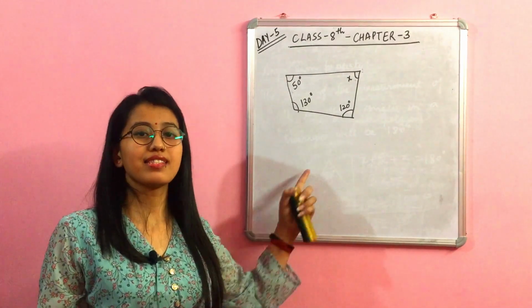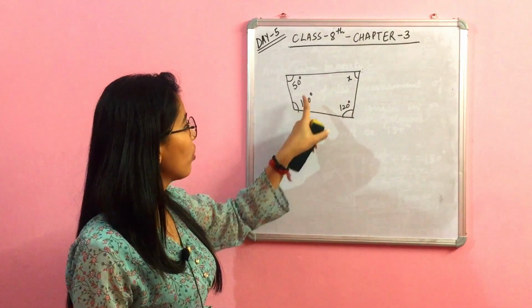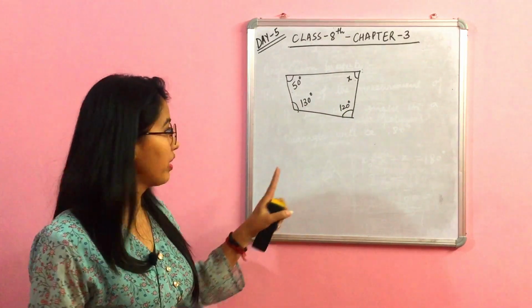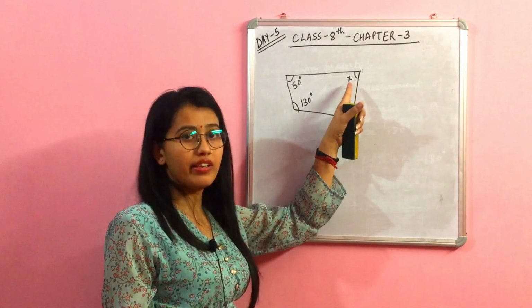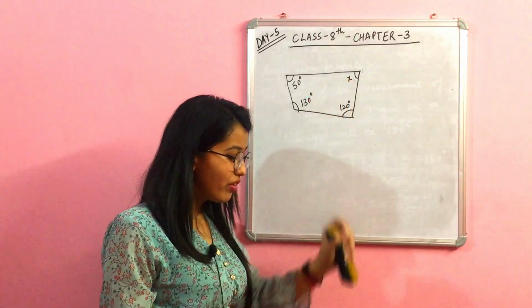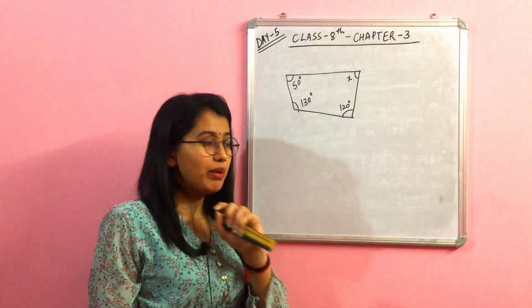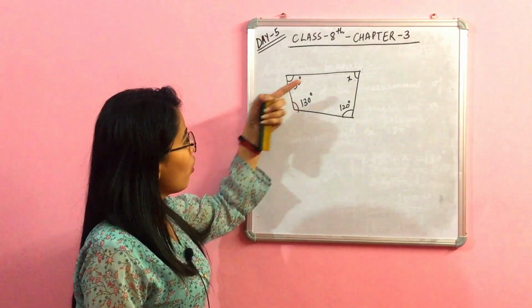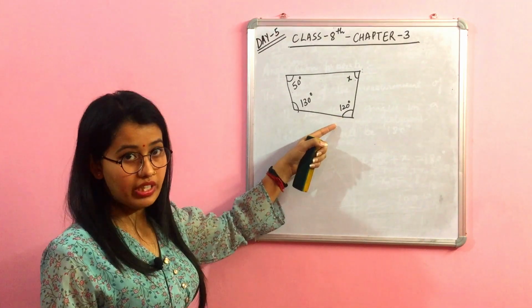The next example is of this polygon here. There are 4 angles in this polygon, if you can see clearly, and we have to find one angle here. How will we do that? There is one more property, if you remember: the sum of all the 4 angles will be 360 always.